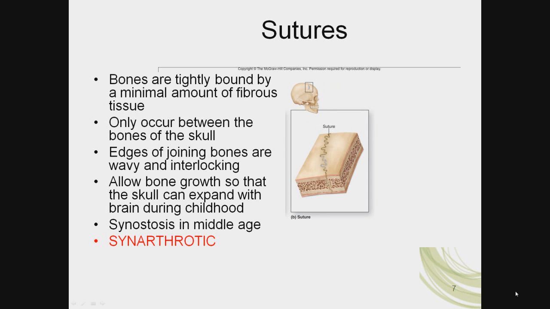In addition to joining bones, sutures permit the skull to grow as the brain increases in size during childhood. In an older adult, the dense regular connective tissue in the suture becomes ossified, fusing the skull bones together. When the bones have completely fused across the suture line, these obliterated sutures become synostoses.